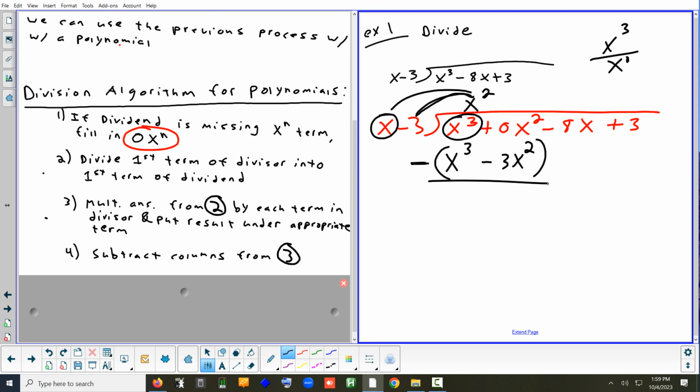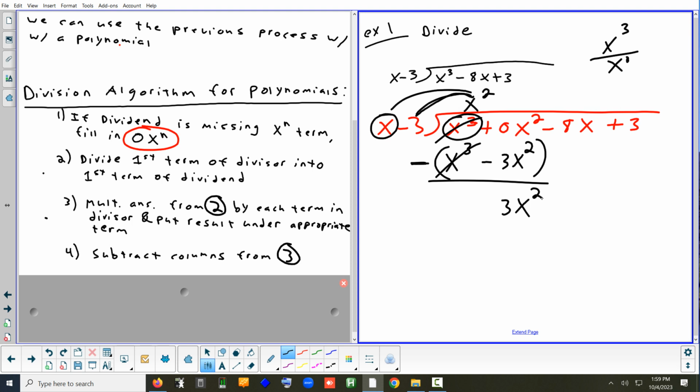Right. So let's subtract these columns. What's x cubed minus x cubed? 0. Sometimes you get 2 things that cancel at the same time, and that speeds up the problem. That's not going to happen here. What's 0x squared minus 3x squared? Negative 3x squared.